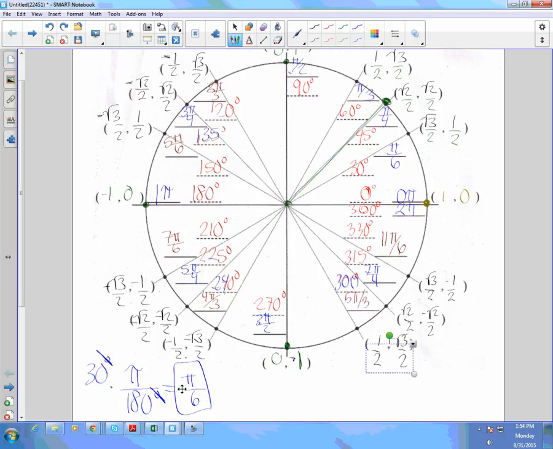Do you know where the tangent appears in the unit circle? The opposite side is measuring what? The y. And the adjacent side is measuring x, and tangent is y over x, or the rise over the run.